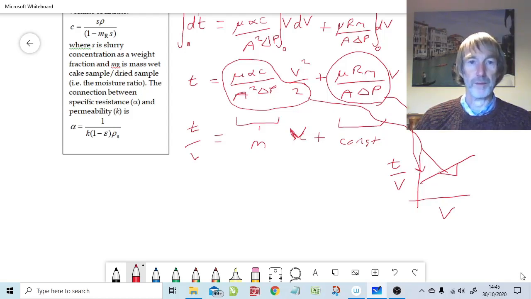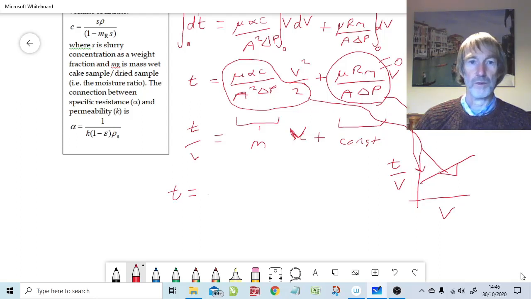But we're not in that boat here. Here we are being asked for the time for a filtration to take place, so we better stick with our equation as written here. But we don't need this part, because we're actually told in the question that Rm is equal to 0.